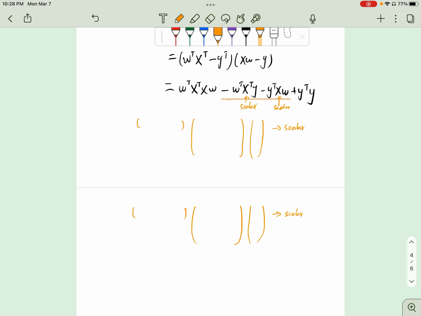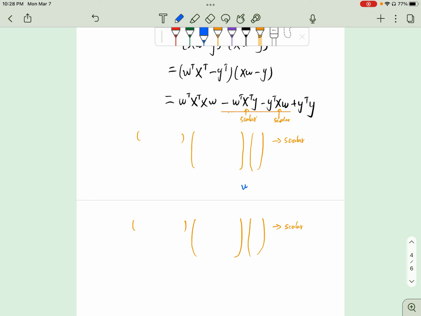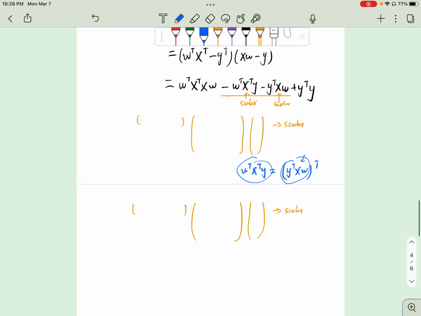And we can also find it interesting that this one, omega transpose X transpose y, is equal to this one taking the transpose, right? And we know they are scalars. So what if I take a transpose over a scalar? It's still itself. So these two terms are equal to each other. So we can write this equation like this.